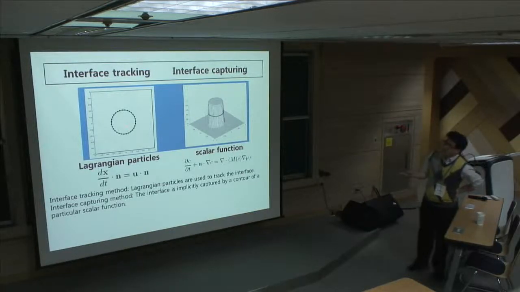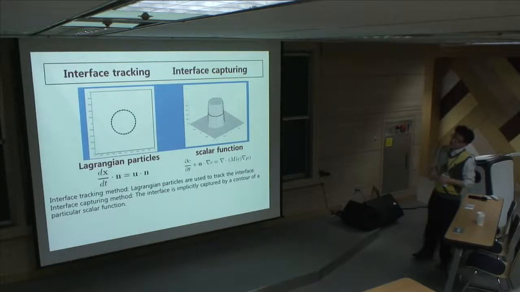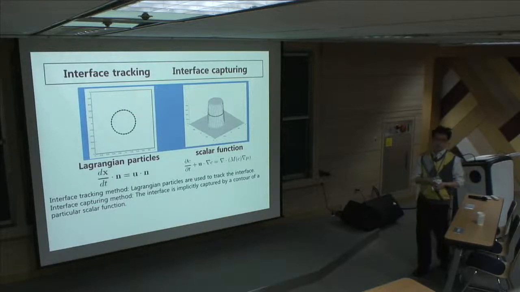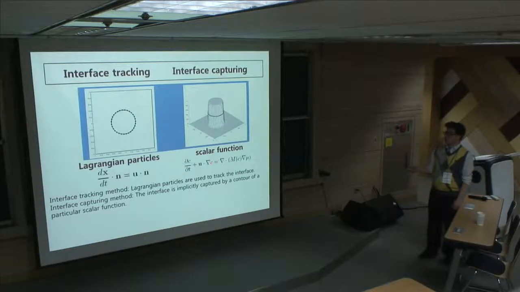For the time-dependent movement of the interface in interface tracking, the interface is moved by the velocity, so we track each particle in the underlying velocity field. For a scalar function, ideally we want just a convection or advection equation.